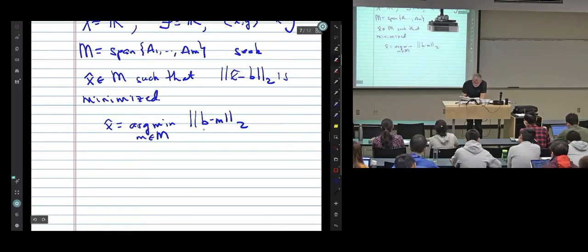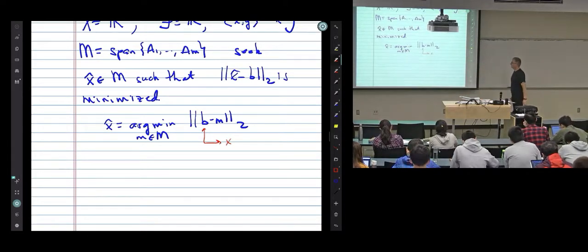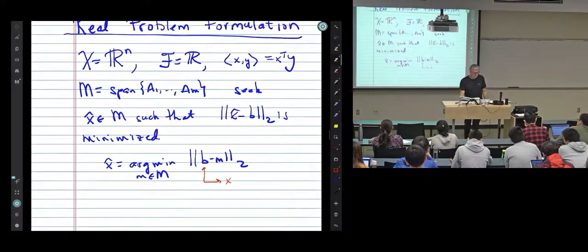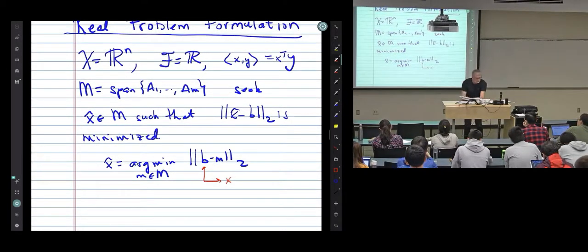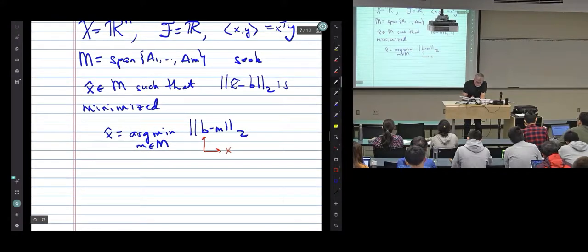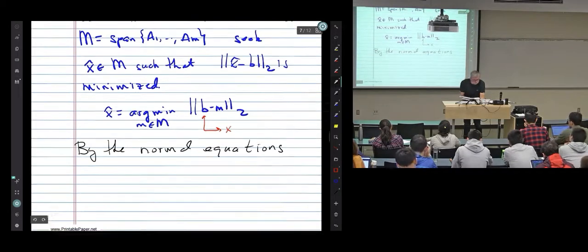So this is our X that we had always as a point in the vector space X. So by the normal equations, what do we get?